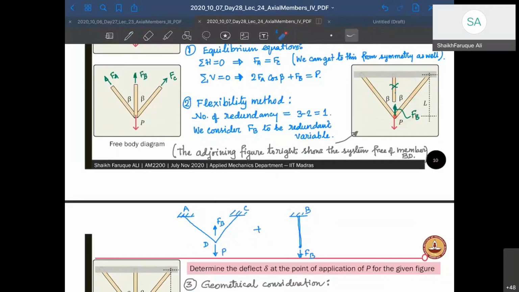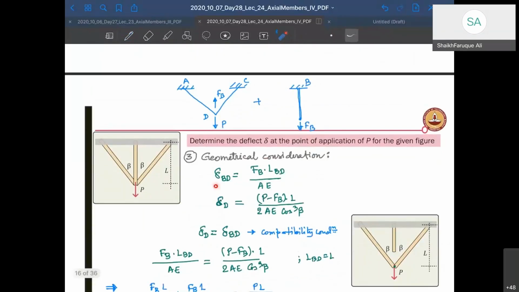Now let's look at it. You can see that the FB direction here and the FP direction here are taken care of, so that balance becomes 0. Please note that. Now delta BD in this member is going to be due to FB, and that is going to be FB LBD by AE.